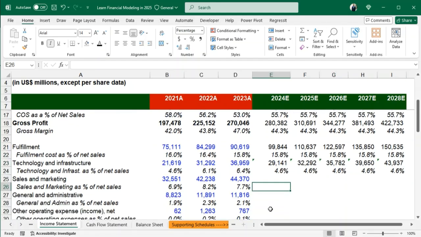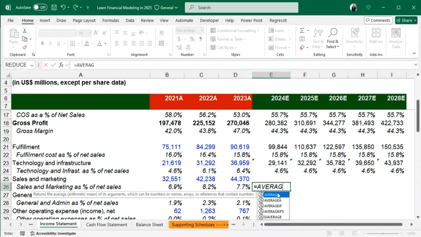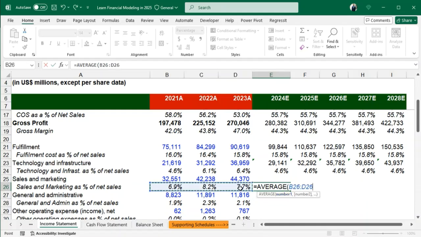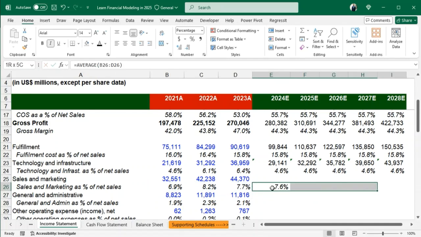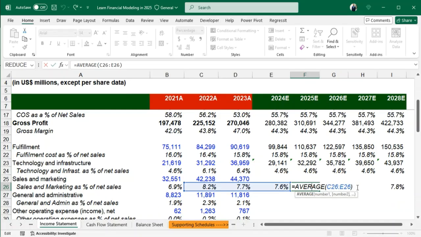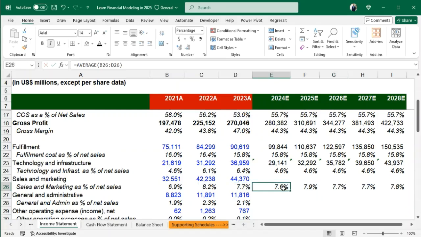When it comes to sales and marketing expenses, we can use the average in this particular case. So let's look at average of these three, hit enter. So that is 7.6. I can copy this to the right. Okay, so as you can see, it has copied the formula from here.